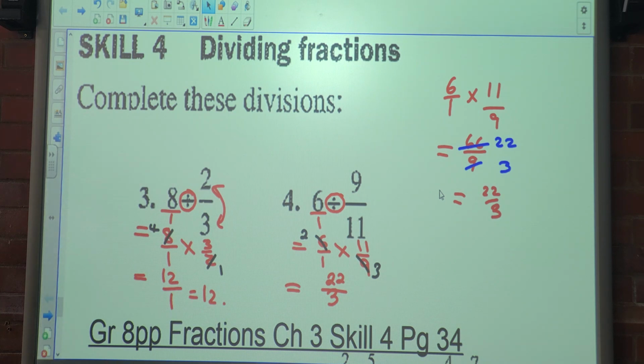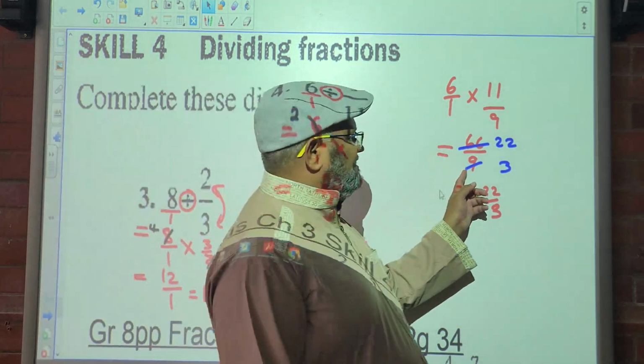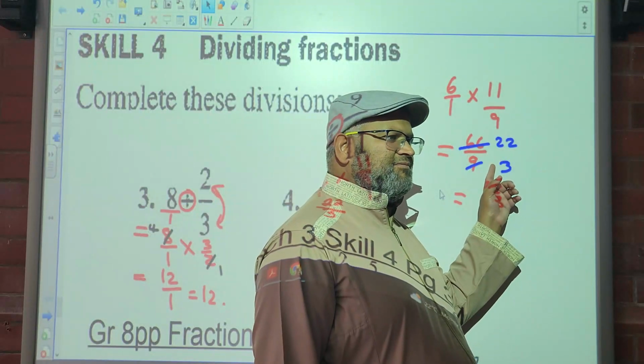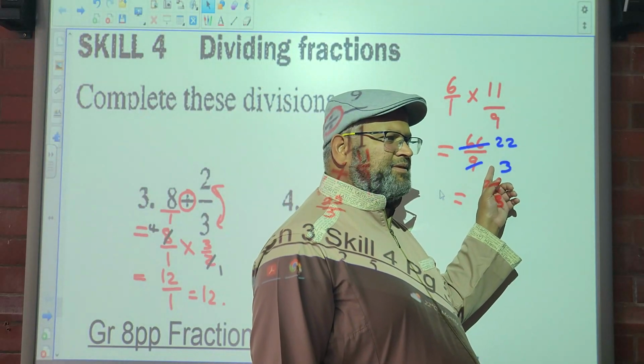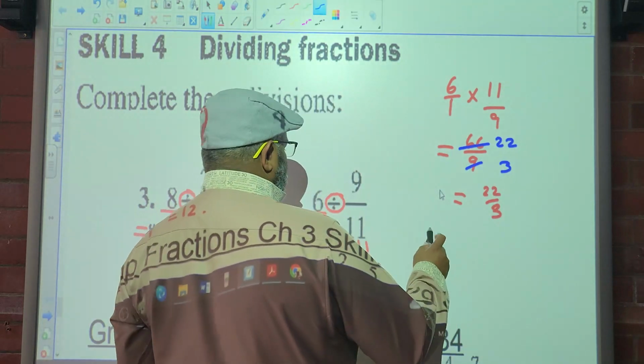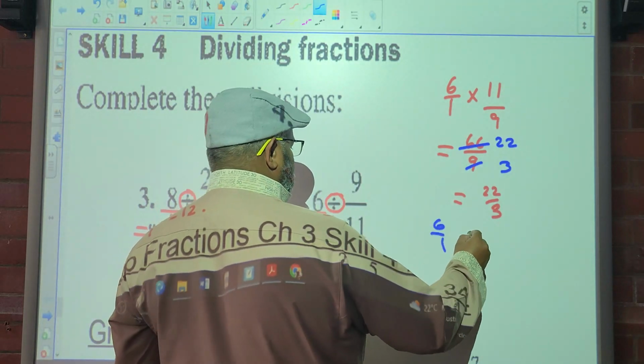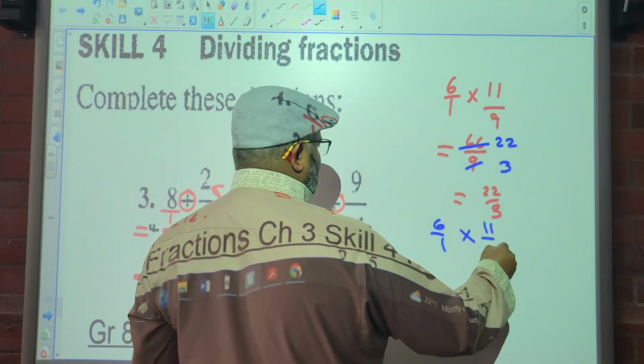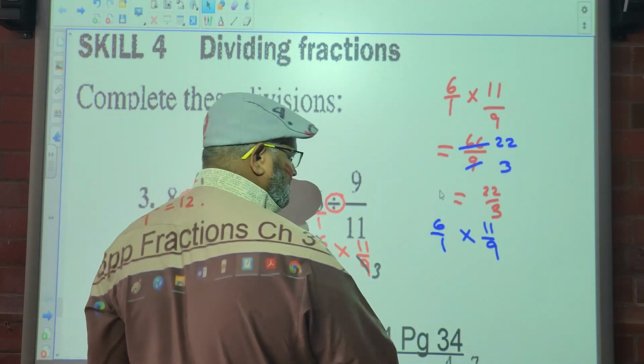Yes, Michael? So, sorry. Teachers have to cancel out things they didn't teach us, and I didn't learn that in primary school also. You didn't do. So you don't know that 66 over 99 can be written as 22 over 3. No, I mean cancel out the numbers that Sir said. Oh, I see. Okay, so if you got 6 over 1 must be multiplied by 11 over 9. What can cancel?